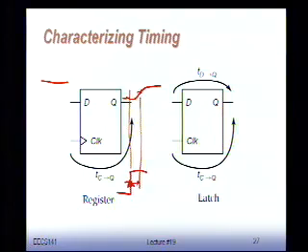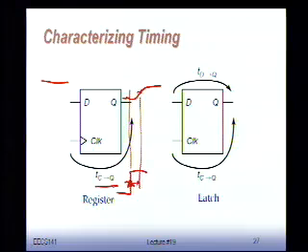Take the 50% point of the clock and the 50% point on the output of the register, and that's the delay of your register. This we tend to call the C to Q delay. For apparent reasons, C stands for clock, Q is the Q output, so the C to Q delay is the delay between the C input and the Q output.